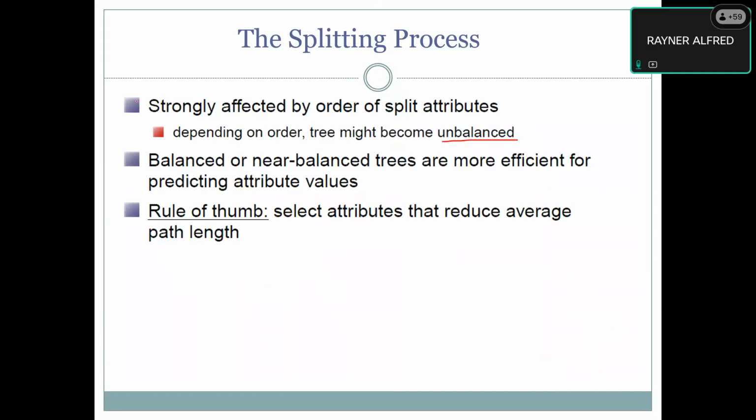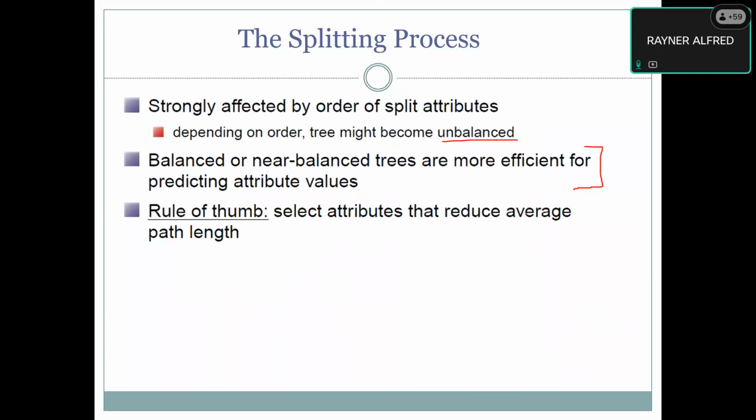What we want is a balanced or near balanced tree, which is more efficient for predicting attributes. Can you guess why we need this balanced tree? Because the deeper you go, the more computation you will need, the time to compute, the time to compare.